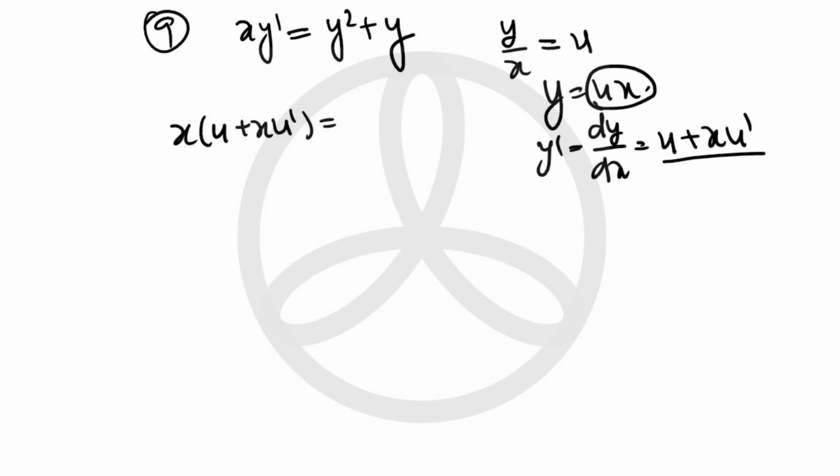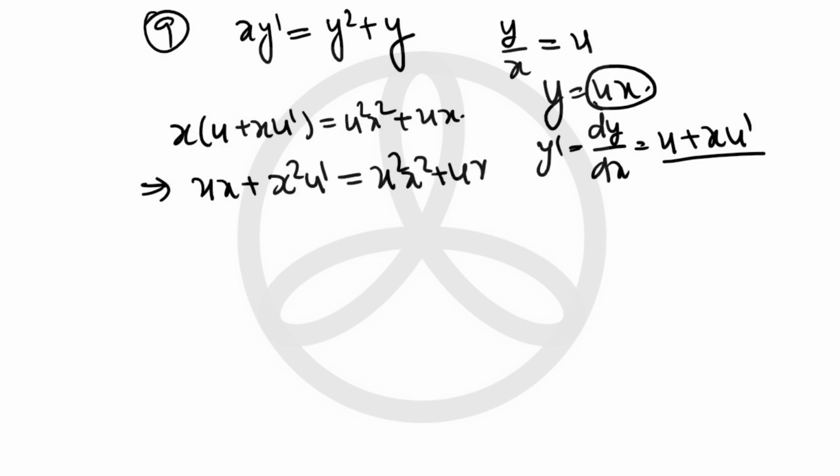So we get y square is nothing but u square x square, plus y is ux, so x square u prime is equal to u square x square plus ux, and this gives u prime is equal to u square, okay.